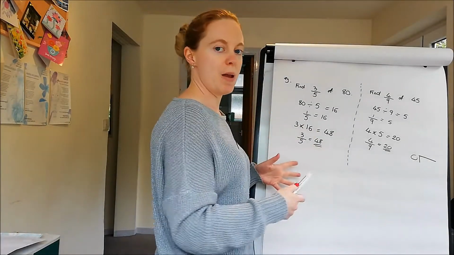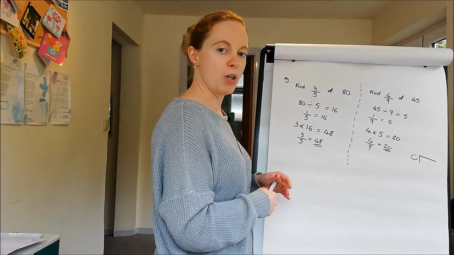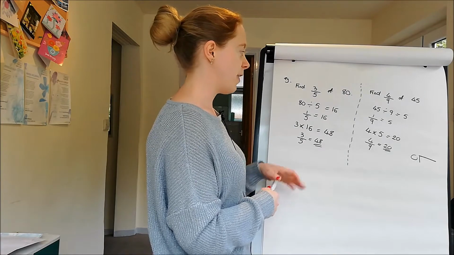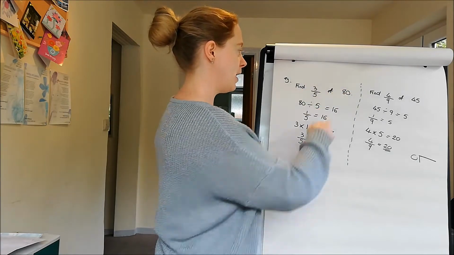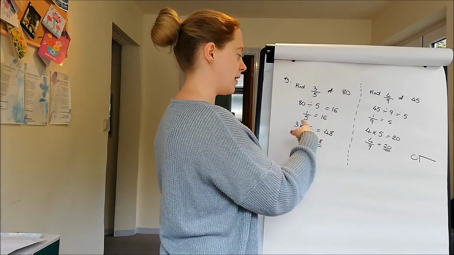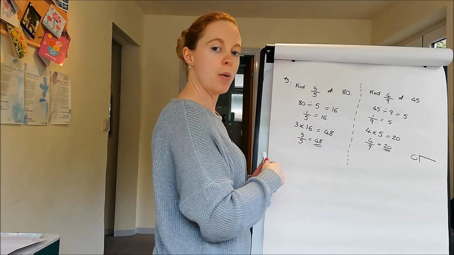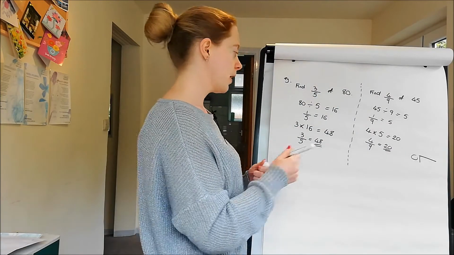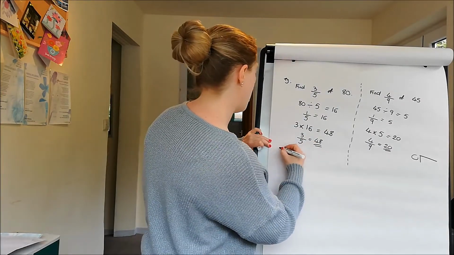So the numbers might be bigger, the numbers might be more difficult, but the principle of what you do doesn't change. So to find a fraction of a quantity, you divide by the bottom number to give you one piece, and then you times that piece by whatever's on top to give you the overall fraction that you need.